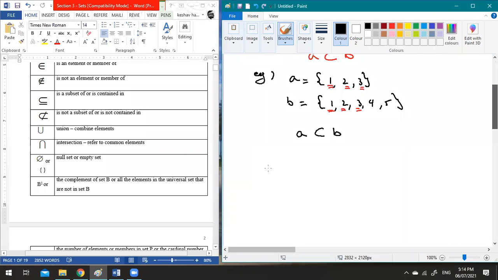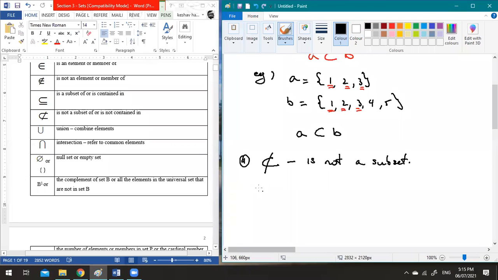Now, number 4 on the list is not a subset of. So this is where the elements of A are not entirely in the elements of B. So A is not a subset of B, right? So what does it mean?